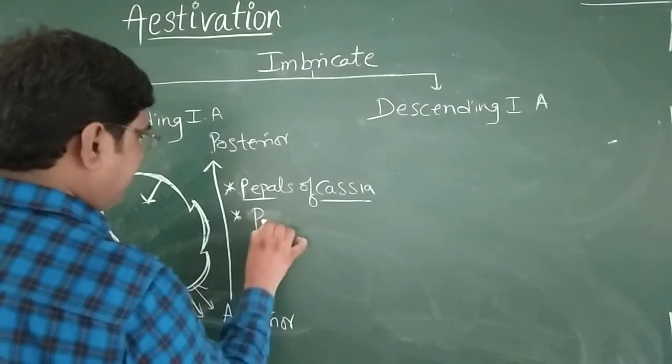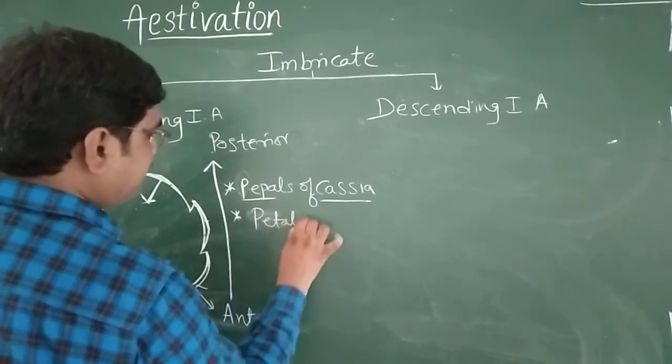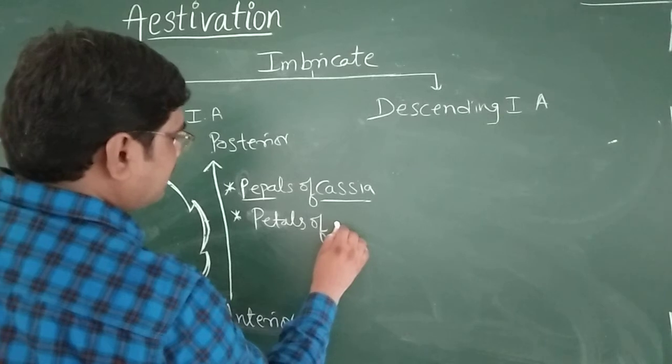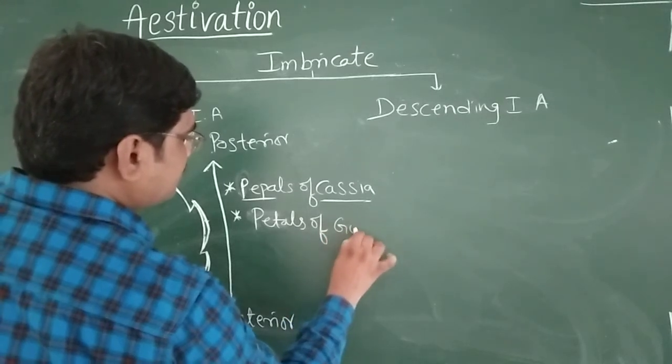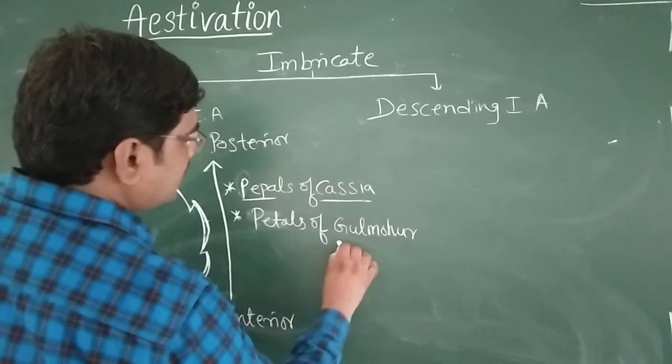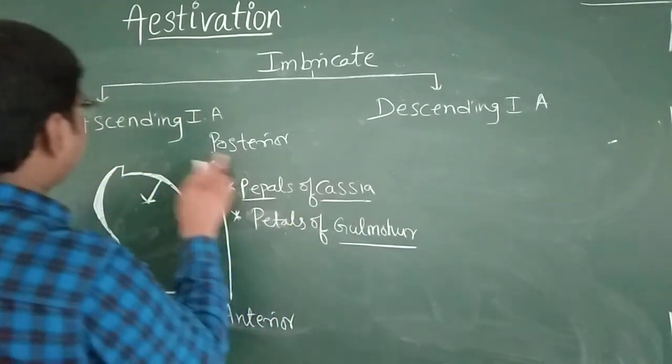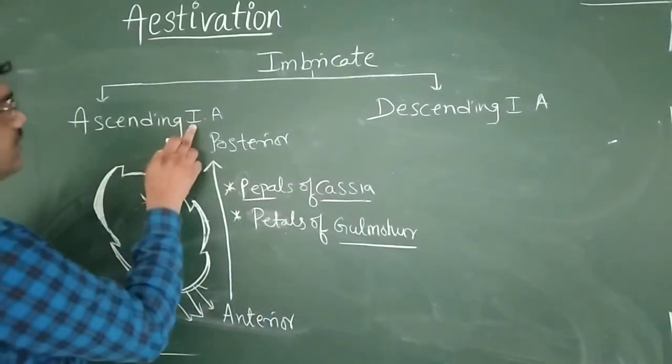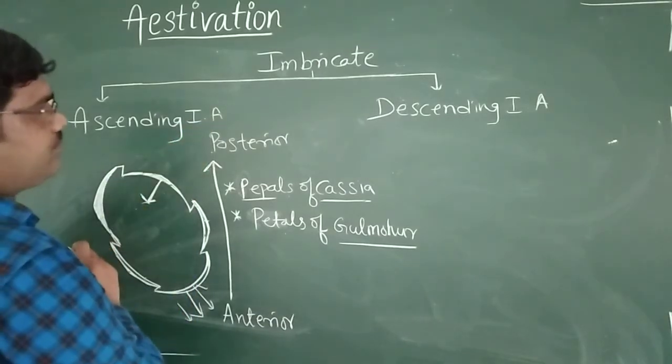Next, petals of gulmohur. These two are examples for the ascending imbricate estivation.